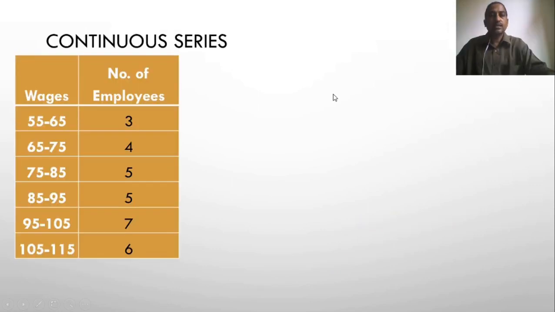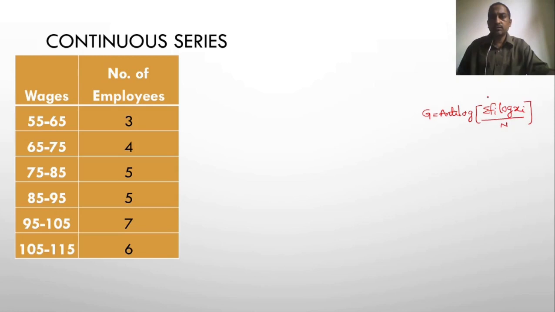Let us see how to find the geometric mean in continuous series, right? The same formula applies here also: geometric mean equals anti-log of summation fi log xi by n. First you have to find xi.